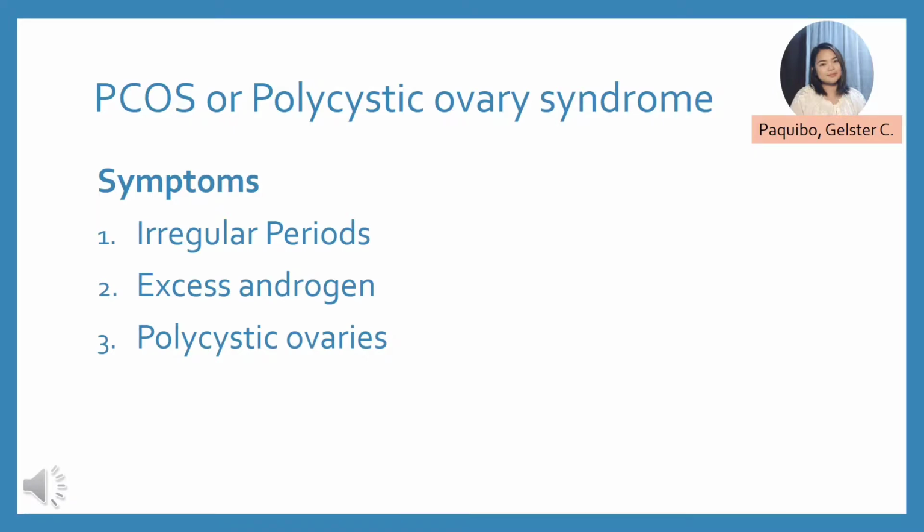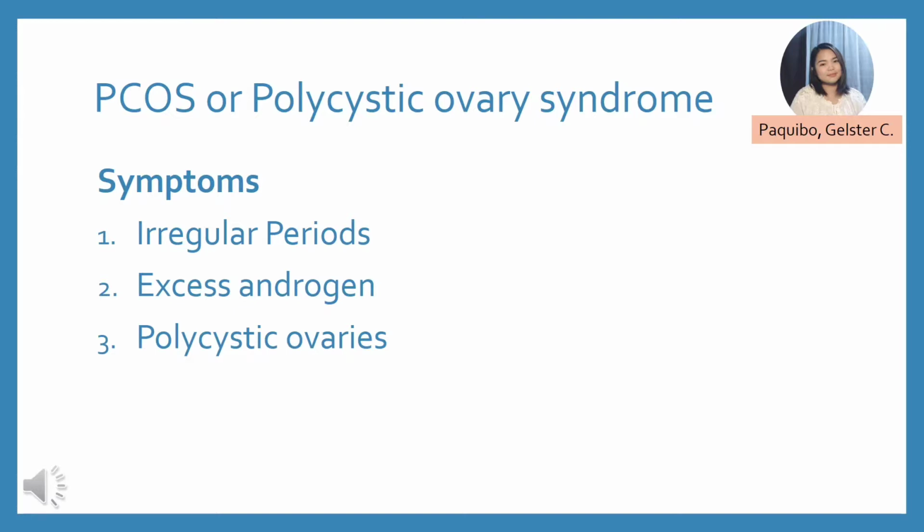First is irregular periods. Infrequent, irregular, or prolonged menstrual cycles are the most common signs of PCOS. For example, you might have fewer than 9 periods a year, more than 35 days between periods, and abnormally heavy periods. Next is excess androgen.